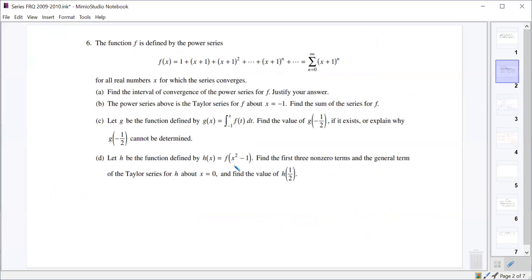And so if we are given f of x as 1 plus x plus 1 plus x plus 1 squared, etc., all we have to do is replace all of the x's in there with x squared minus 1s.